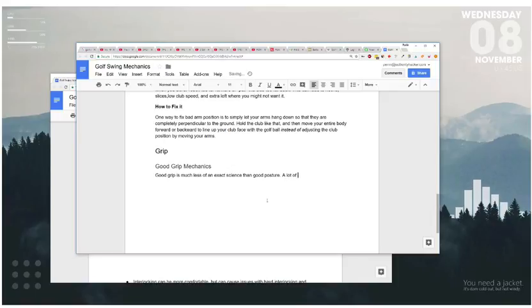A lot of golf grip boils down to simple personal preference and comfort.